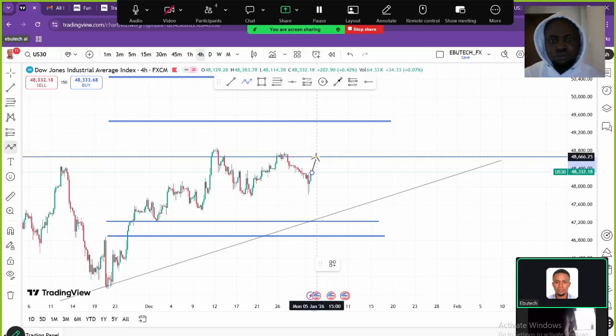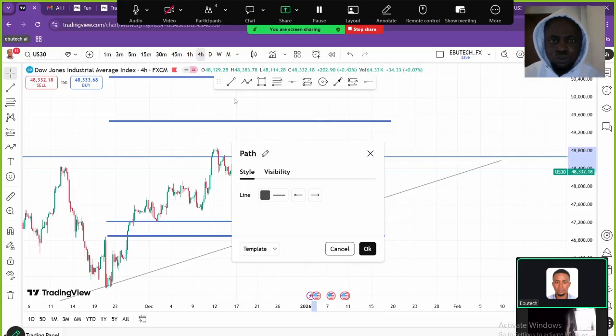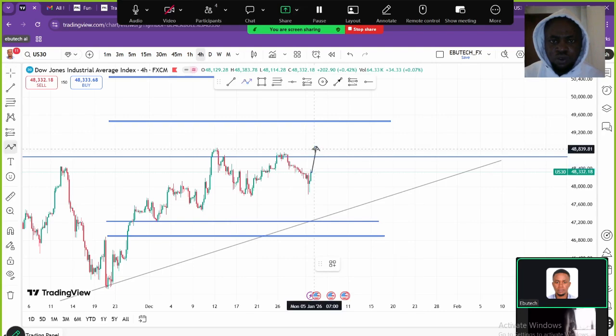So once the market gets here and pushes up and breaks this zone, this resistant level, the next thing we are expecting is the market to fall, to retrace a little bit. Once it retraces, then we take it up to this next level.